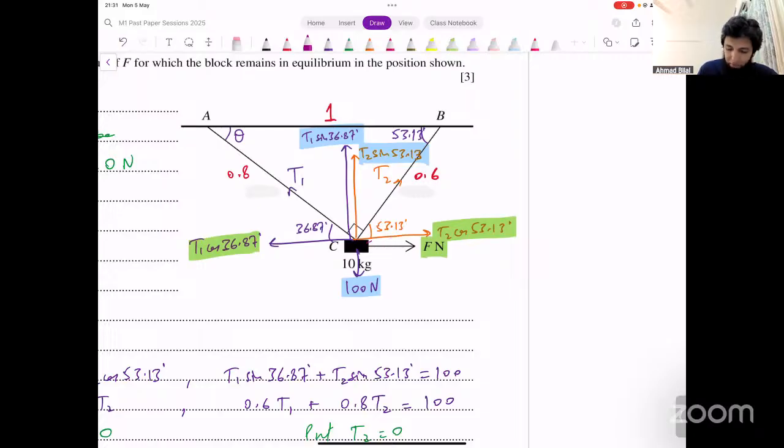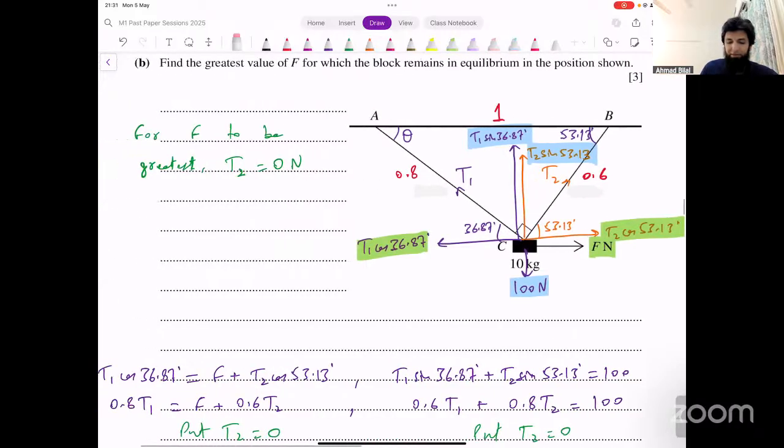Now, if it starts moving to the right side, let's say it comes here, what happens to this second string? That becomes slack because the block gets closer to the point B. The string was longer than the distance between these 2 points. So the string becomes slack. When that becomes slack, its tension is supposed to equal zero. So that becomes zero. Make sense?